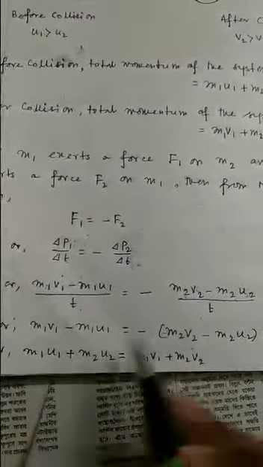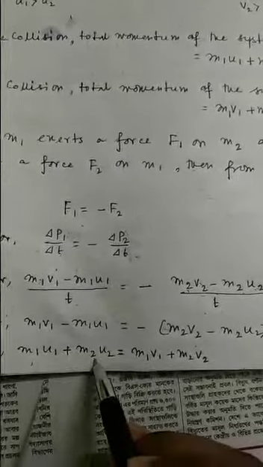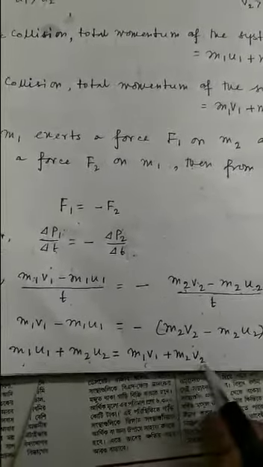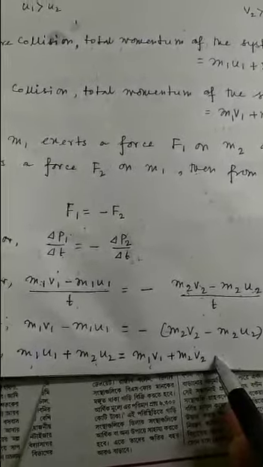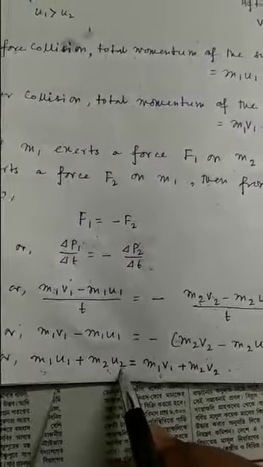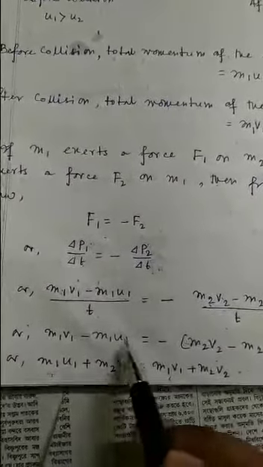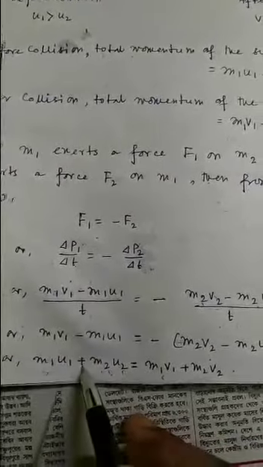And if you simplify, what you get? m1u1 plus m2u2 is equal to m1v1 plus m2v2. What is this? The expression on the left hand side is nothing but the total momentum of the system before collision.